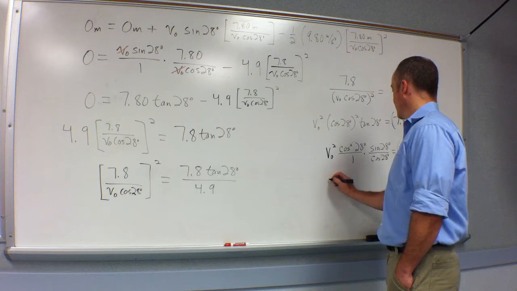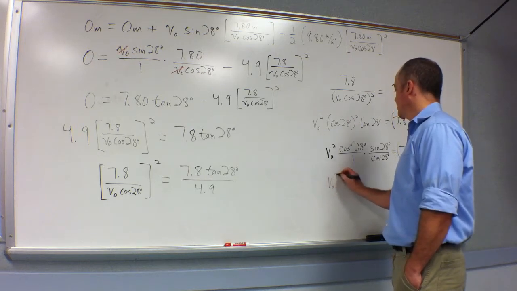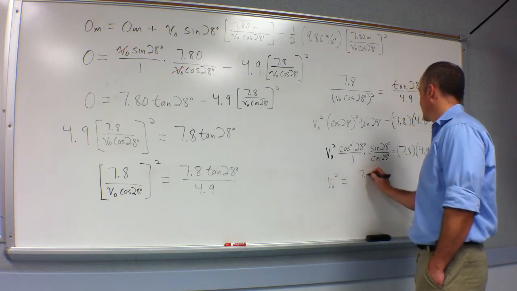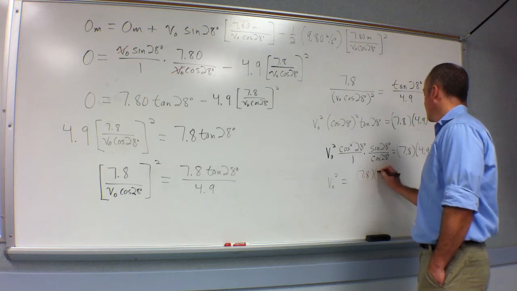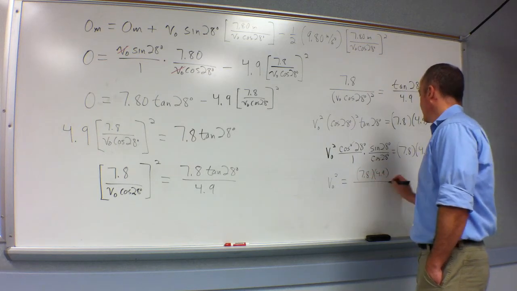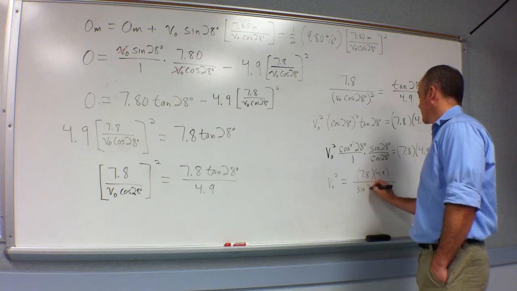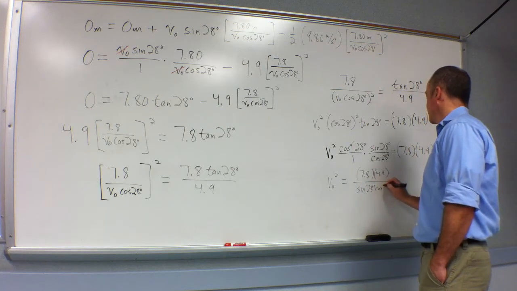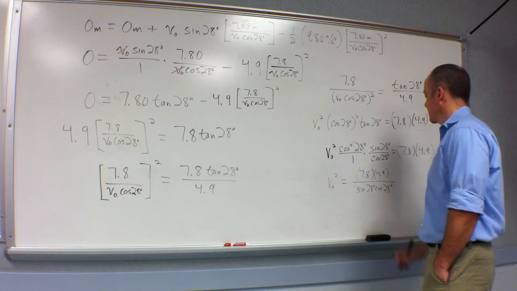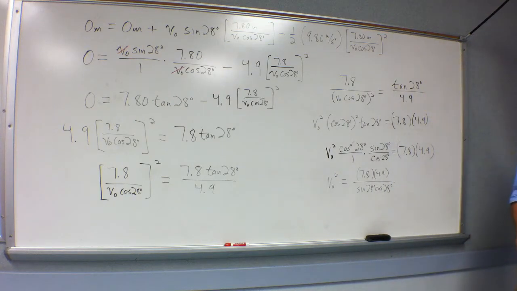But just one of them. So V initial squared is going to wind up equaling 7.8 times 4.9 over sine 28 cosine 28. This was the long way to do this. I'm reinventing a range equation that I'm going to show you guys on Monday. There is a shorter equation for this, but I wanted you guys to think about this one first. That's part of the problem with you guys having a math teacher for your physics class.